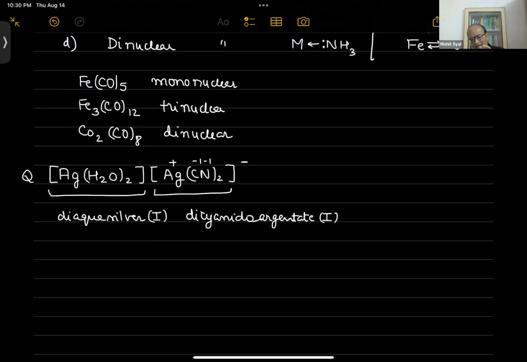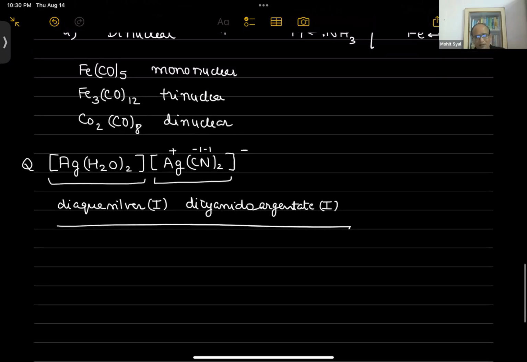So if you write the name of the metal ion present in a negatively charged square bracket, you write the Latin name and use the suffix "ate" for the metals. So this is the complete name, and this was asked in your NEET 2022 examination. They have given various options, but instead of writing the options, I directly discuss the answer with you because you can clearly do this question.